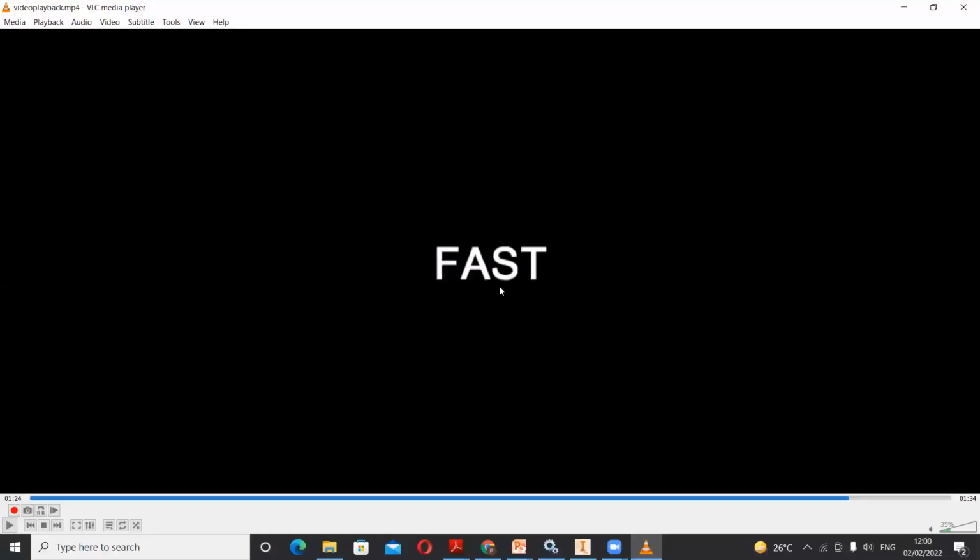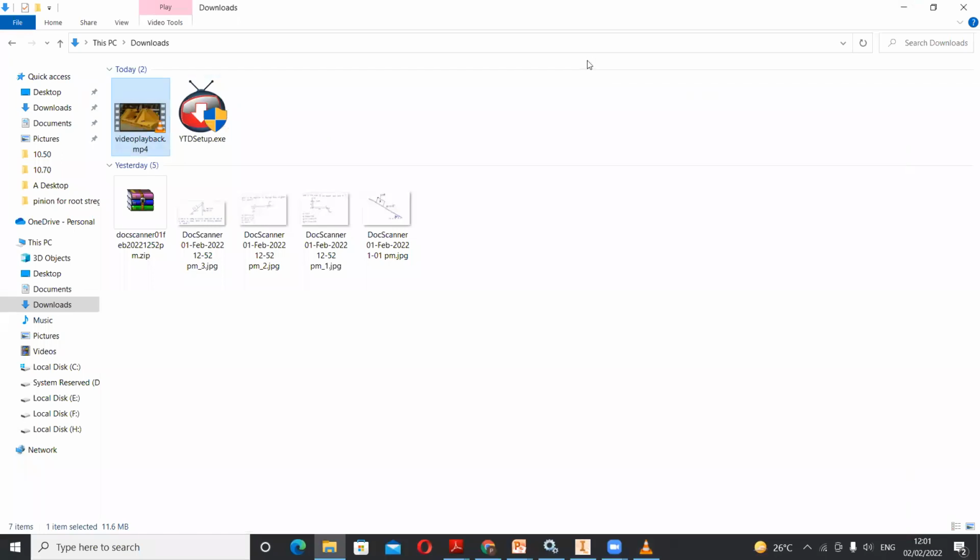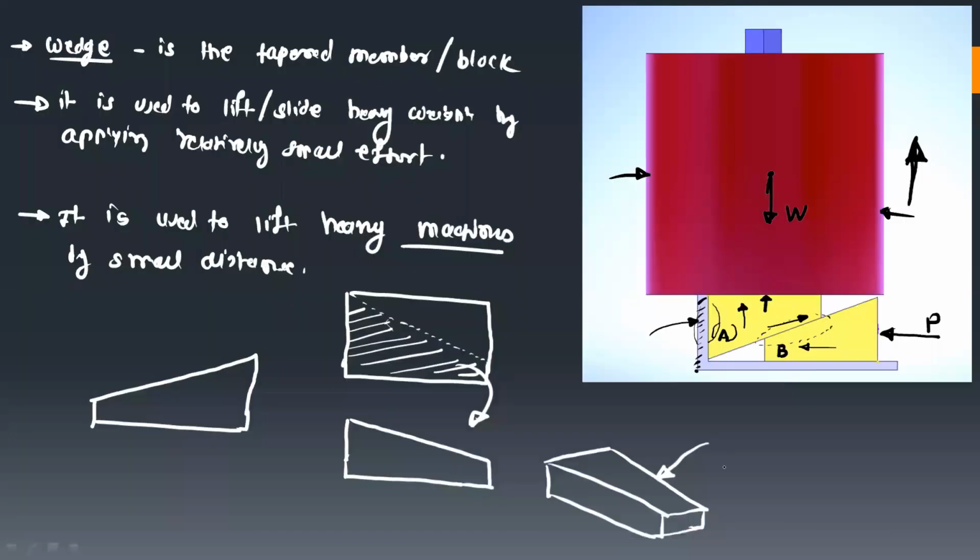So this is the application of the wedge. So I hope the concept is clear. What is the use of wedge? So now we will solve the equilibrium problem on the wedge friction.